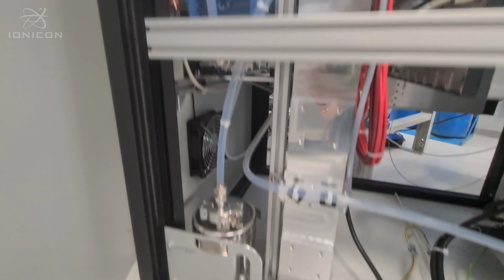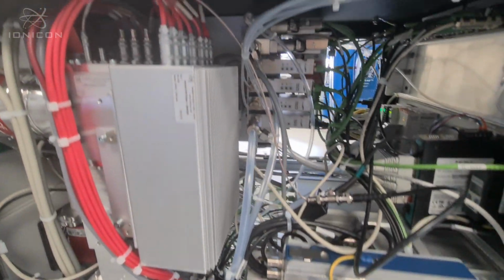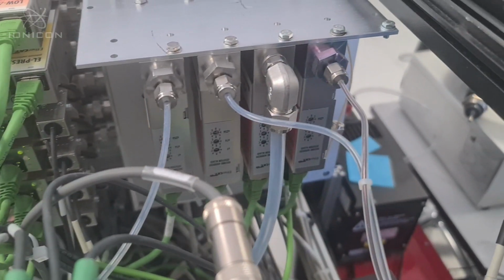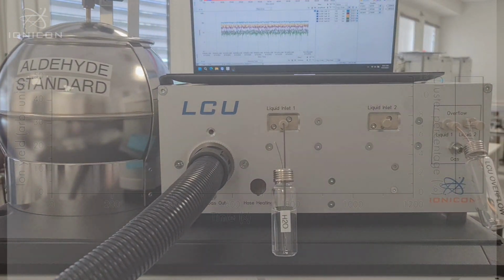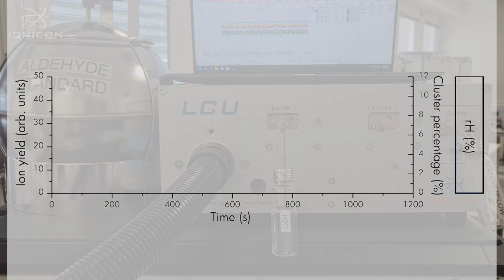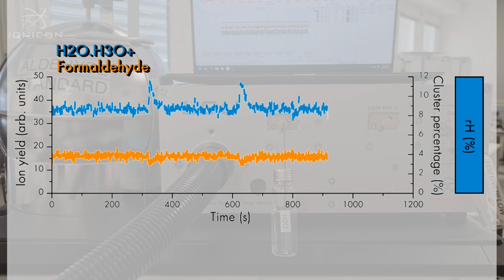Back to the lab, let us repeat our experiment, but now we use our new modified setup and control the humidity in the reaction region, while again varying the added water vapor flow in the same way as we did before. Again, we start the experiment at a low level of relative humidity. Then we increase the humidity to an intermediate level. Then increase even further until saturation is reached.